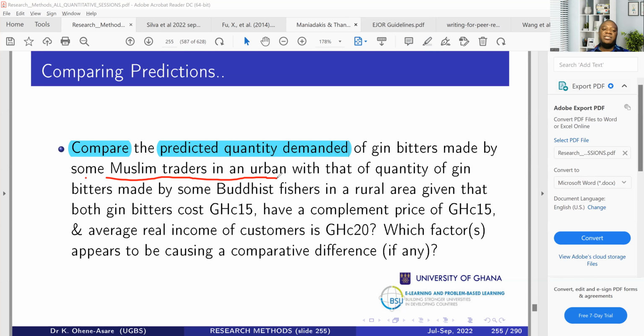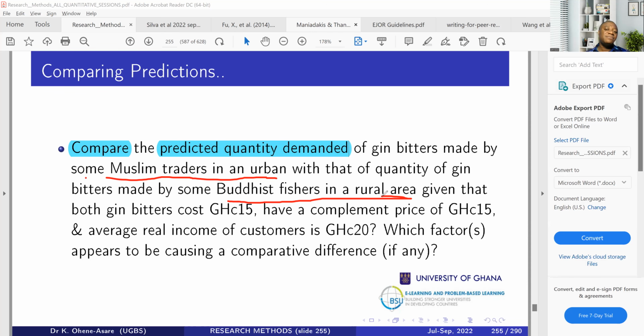So watch the keywords: Muslim traders in an urban town. Then compare that with the quantity demanded of gin bitters. This time it was made by some Buddhist fishers in a rural area. So you can see that there are 2 different scenarios: Muslim traders in an urban town, Buddhist fishers in a rural area.